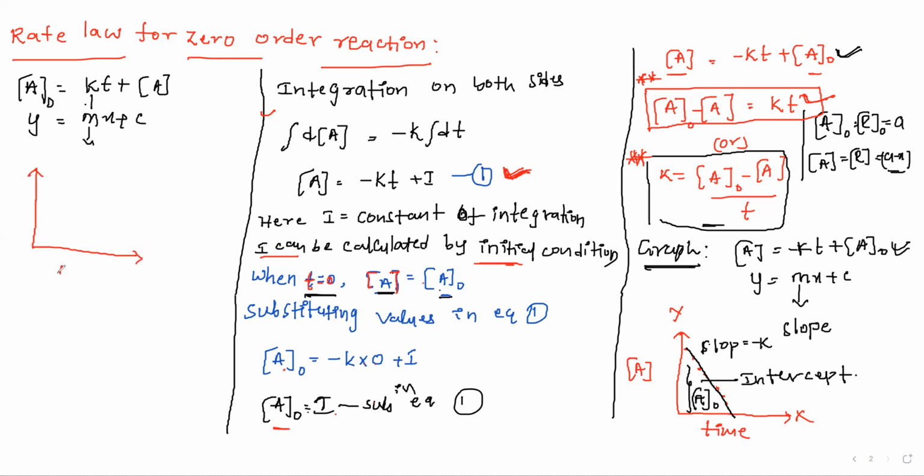Time on the x-axis and A naught on the y-axis. The slope is positive, like this, slope K. And here the intercept is A.